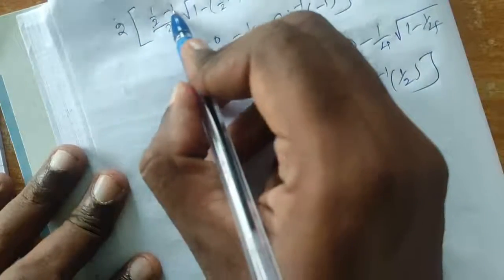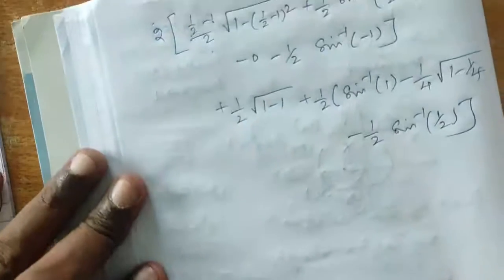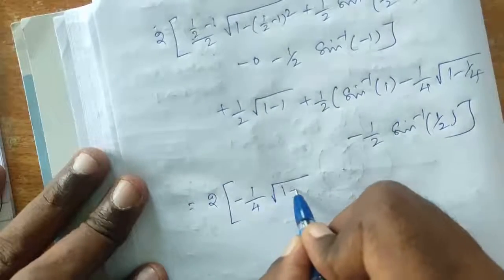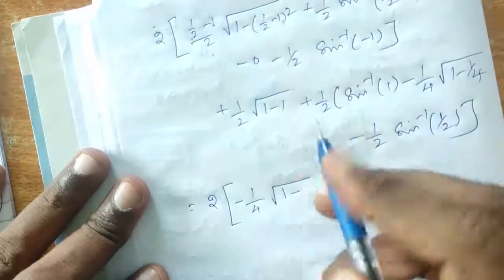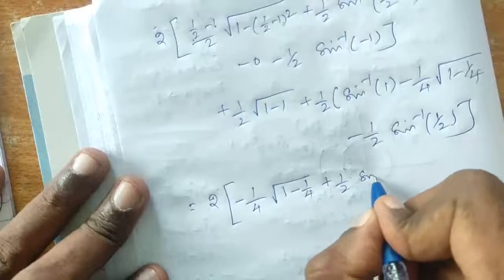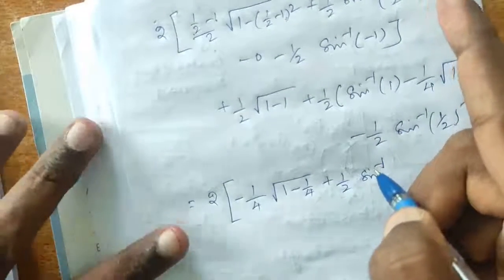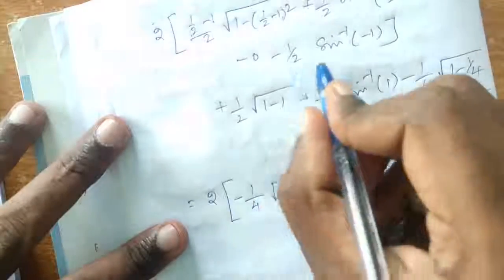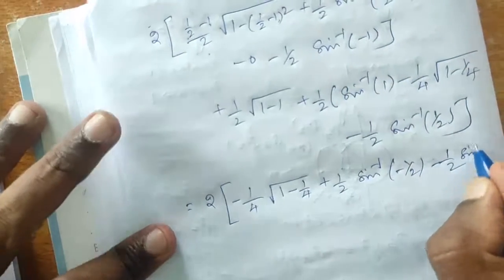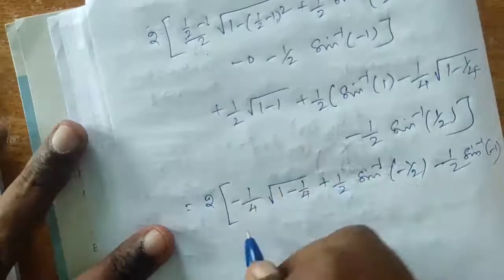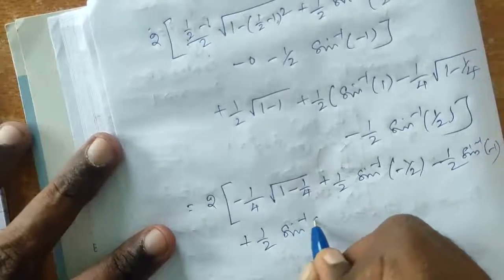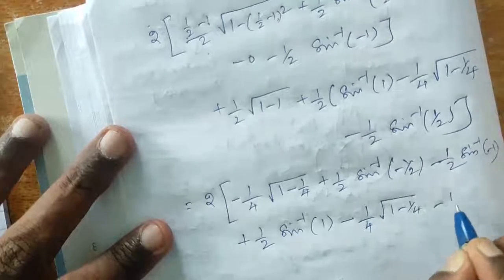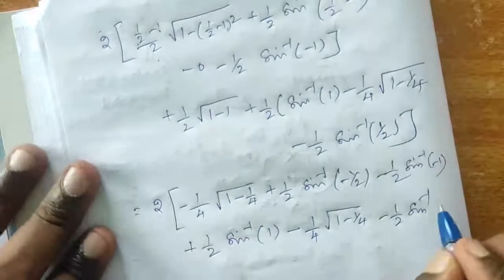The term with 0 can be left out, and 1 minus 1 is 0.